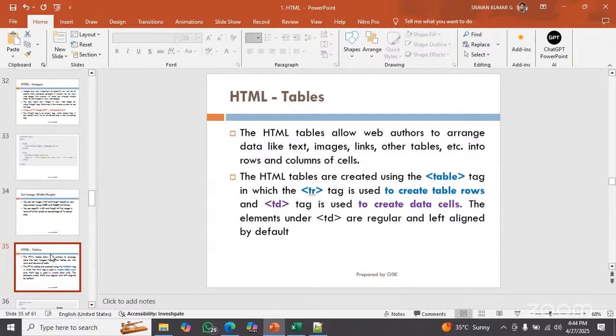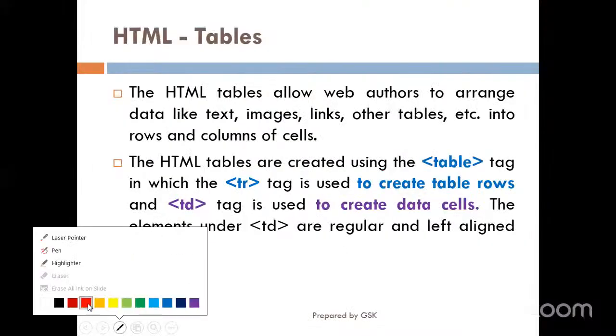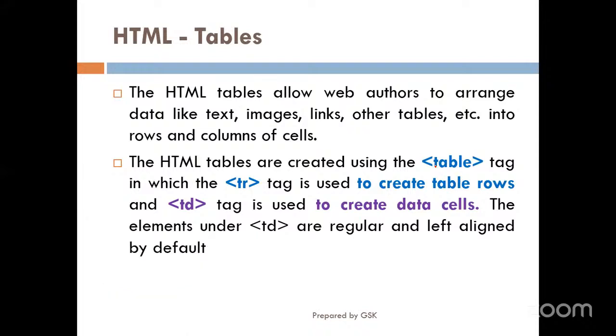HTML tables are created using the table tag. To create a table in HTML, we use the table tag, which creates the table itself. Then within the table tag, we need to use some other tags.